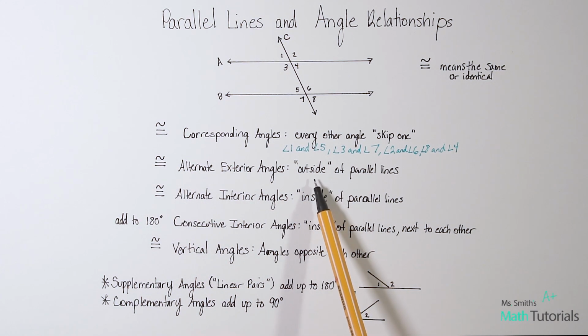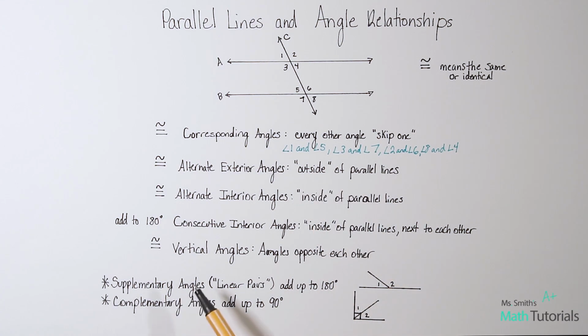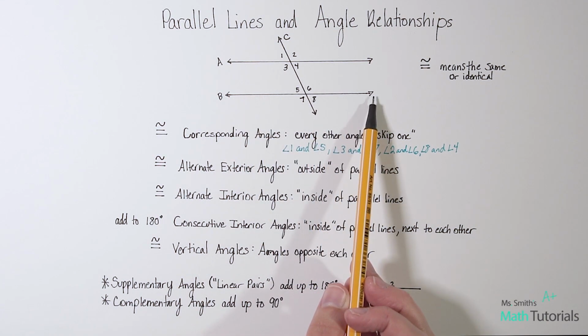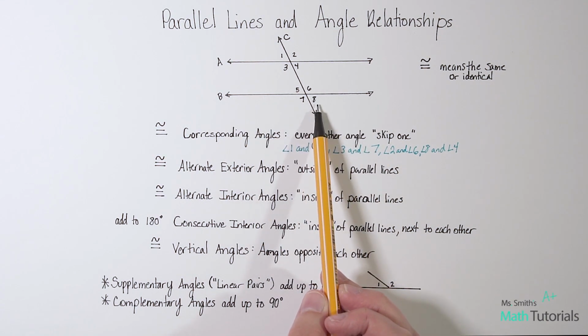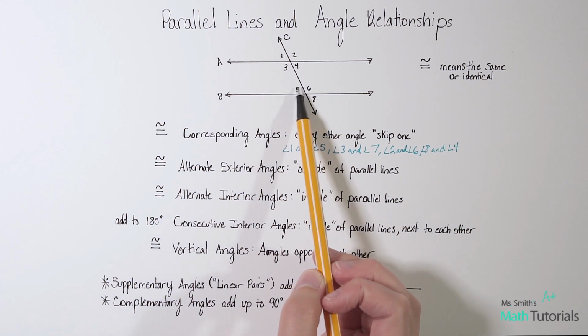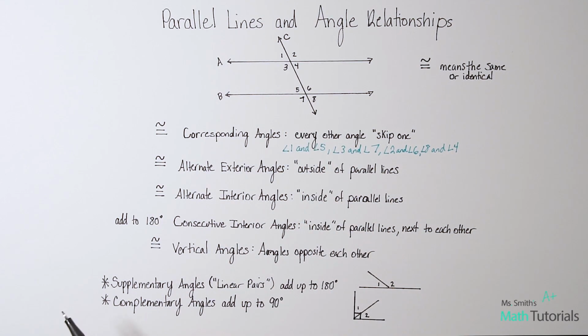The easiest way to sum it up is they are outside of the parallel lines. So let's think about it. If our parallel lines are here and here, the outsides would be 7 and 8 and 1 and 2. These 4 right here would be inside the parallel lines. These are outside. So alternate means switching sides, if you will.